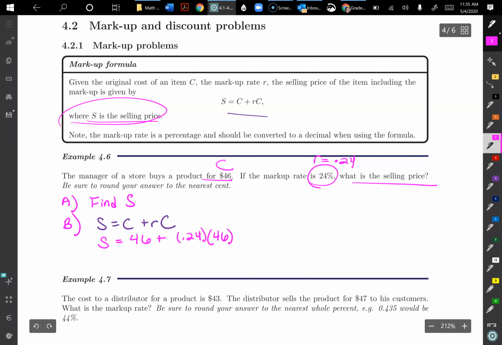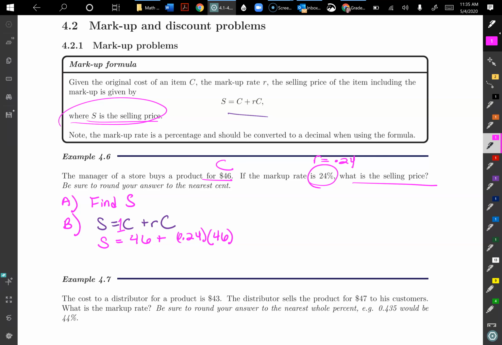Now you could just multiply the 46 by 1.24. That would definitely work out too. If you know that shortcut, you can do that, because this is really like 1C.